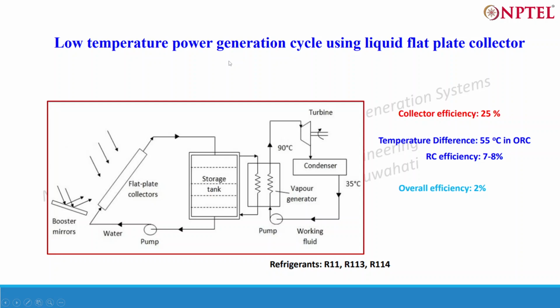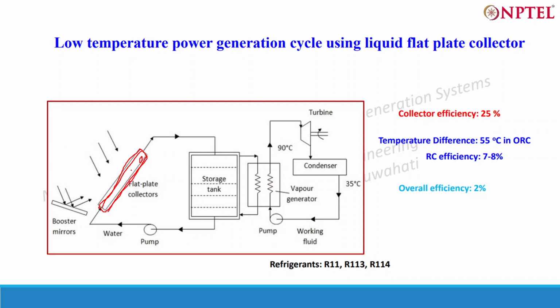Okay, so let's start with the power generation cycle for liquid flat plate collector. You guys must know what a flat plate collector consists of. Flat plate collectors are essentially this type of device. They are box type structures which have glazing. Glazing means glass, and generally there are two layers. Then there is the absorber surface.